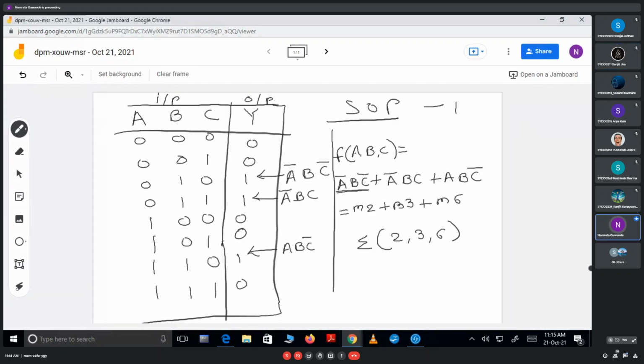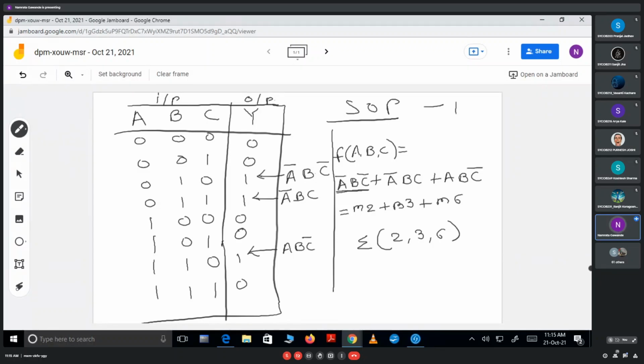So these are the different representations. We have written in terms of expression, in terms of min terms, and in terms of the symbol that indicates SOP. So from the truth table, we have written this. In the next part, we will see how to find the truth table from the expression. So the reverse way also you can do.